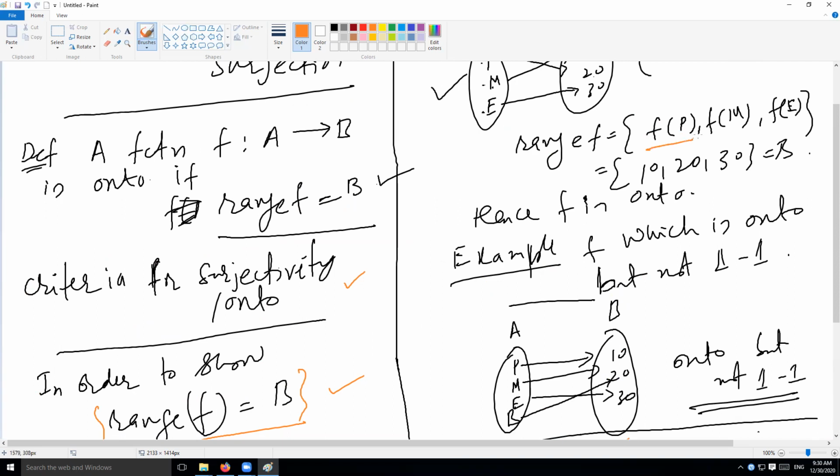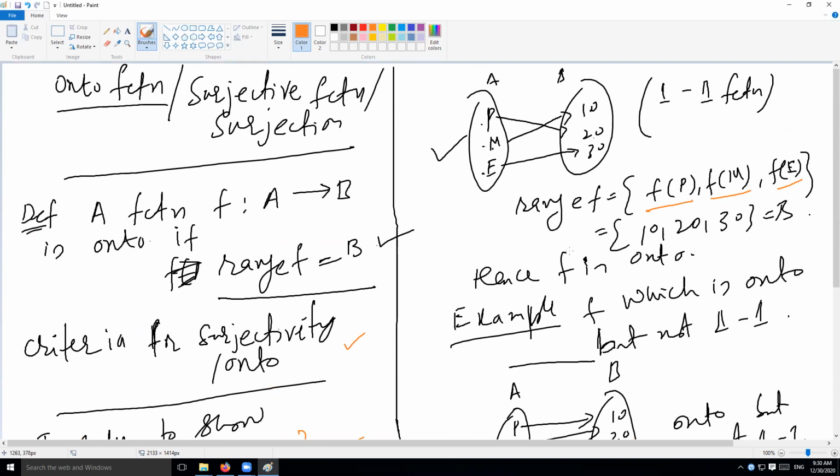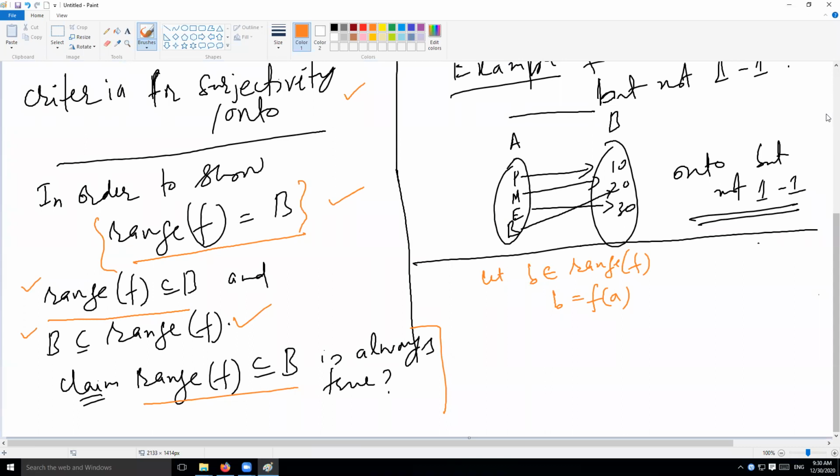So b belongs to the range of f means b is equal to f of a, for some a in A. I don't know which a, but for some a.